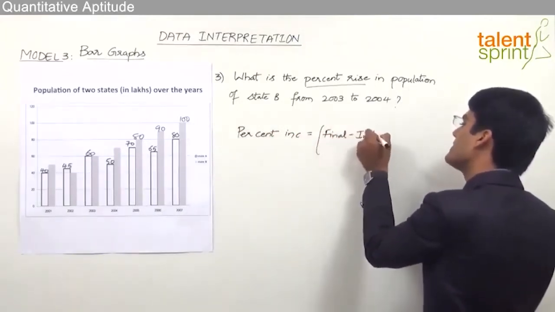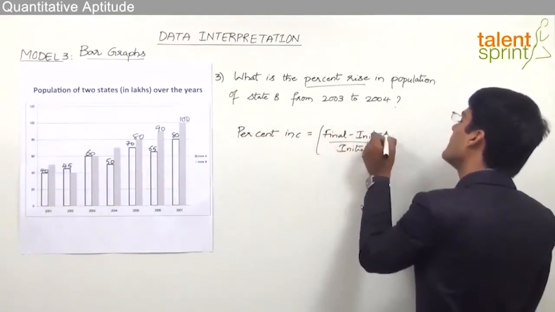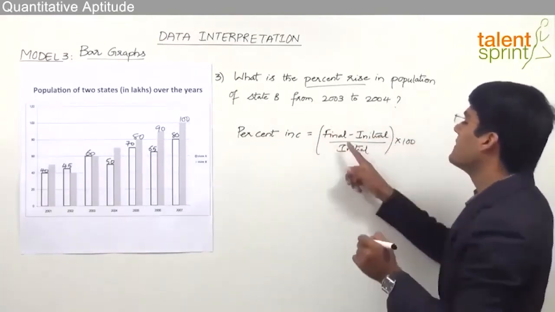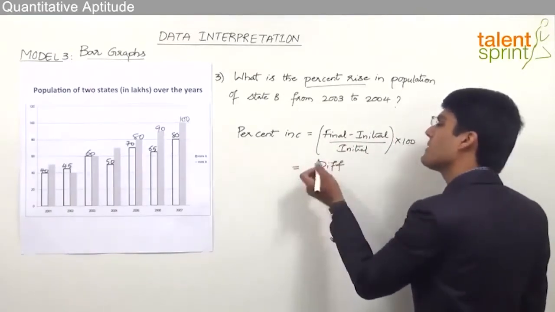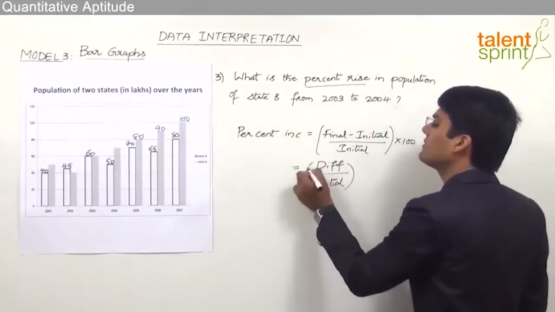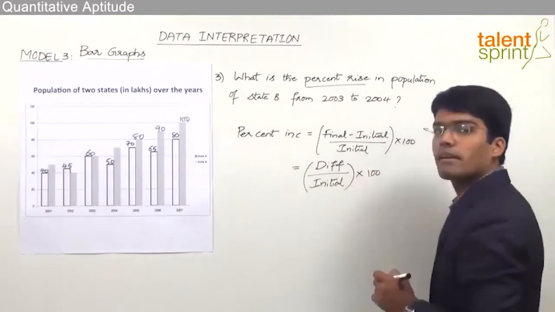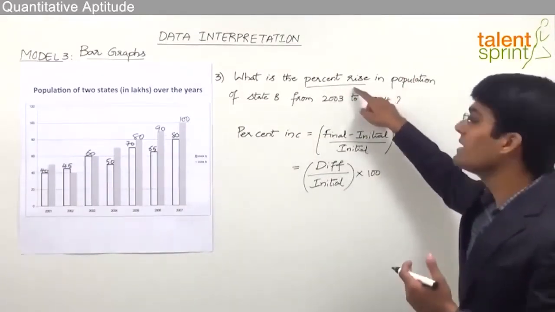So final minus initial upon initial into 100, or it can be taken as difference by initial value into 100. So percentage increase or percentage change or percentage decrease is nothing but difference of the two values upon initial value into 100.